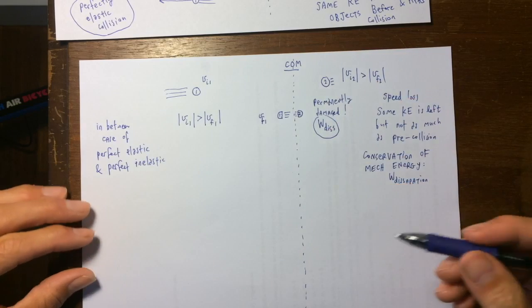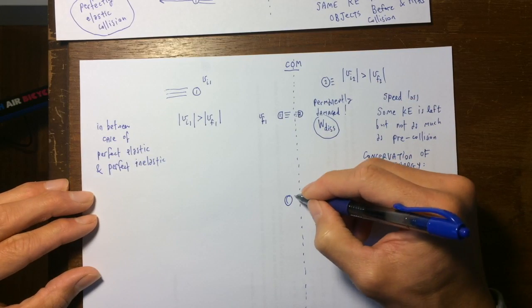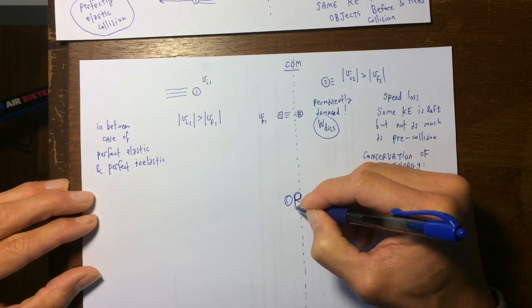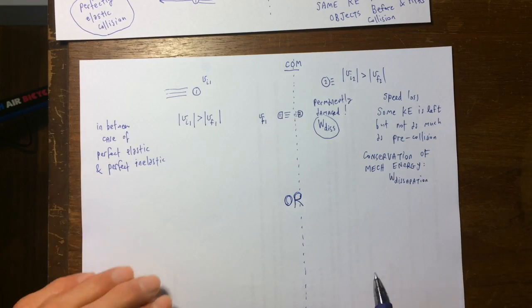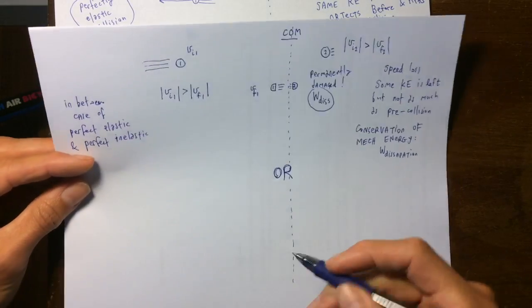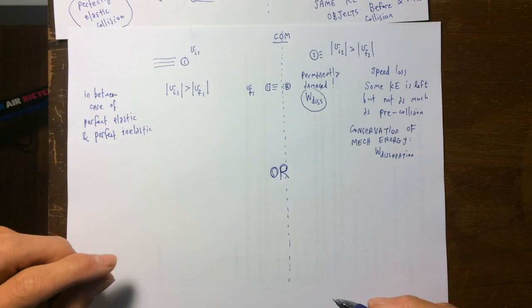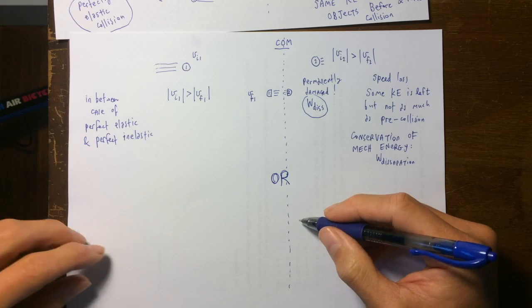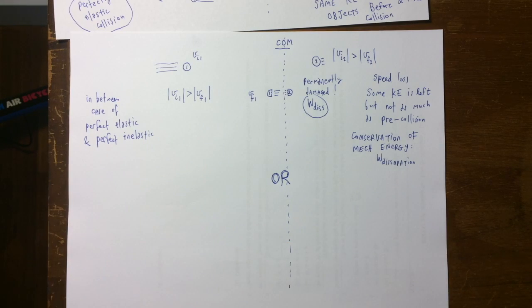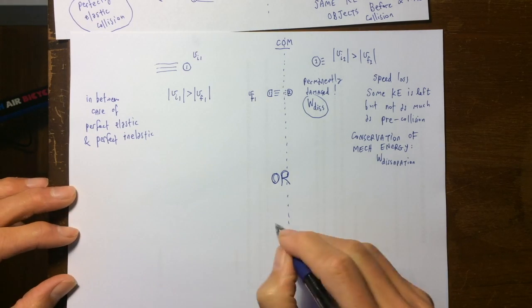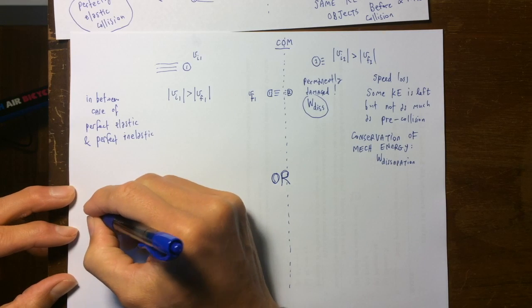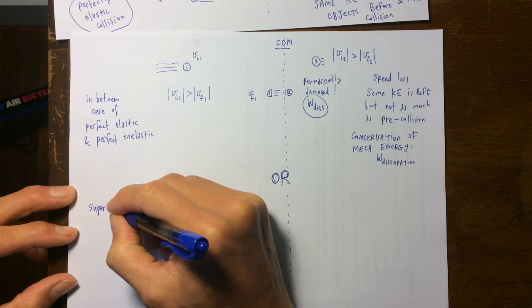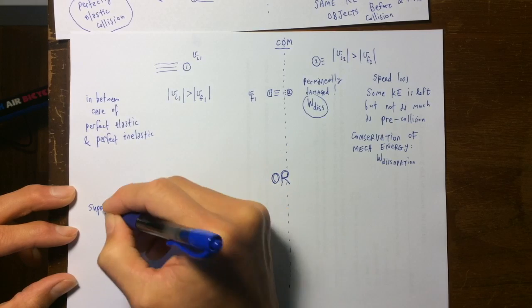So the last type of collision that I'd like to show you is, actually I might show you two more because I've got time in this video. The next one, I'm going to name it first. The name of this style of collision is referred to as super elastic.